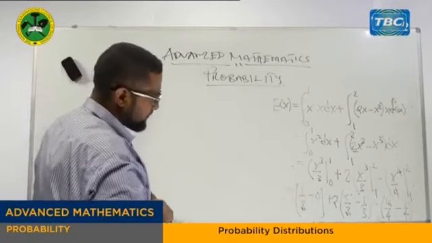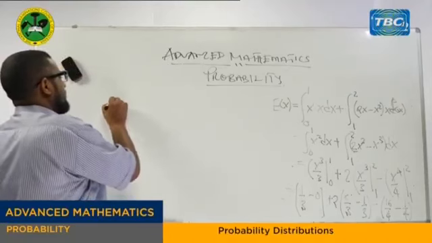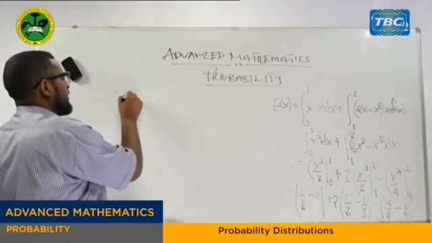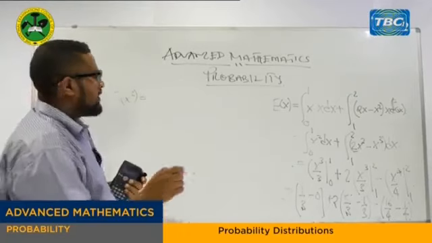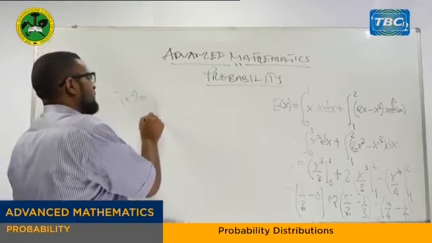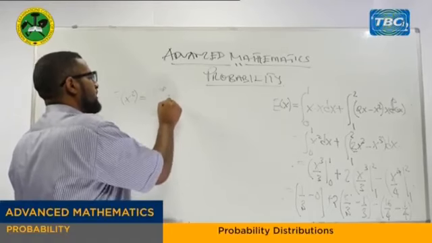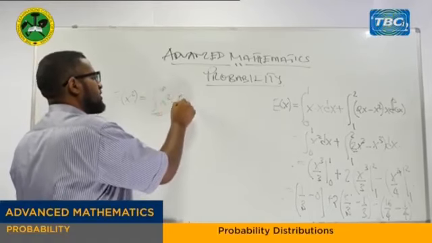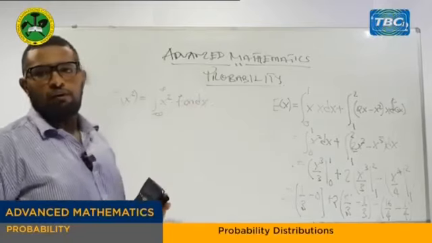Now the expectation of variable x square as per formula is the integral from negative infinity to positive infinity of x square, then function of x, then dx. That is our formula.